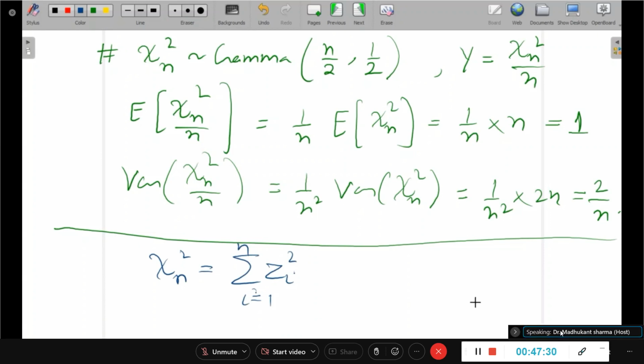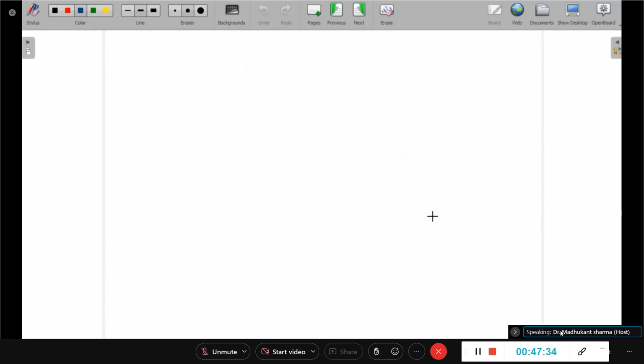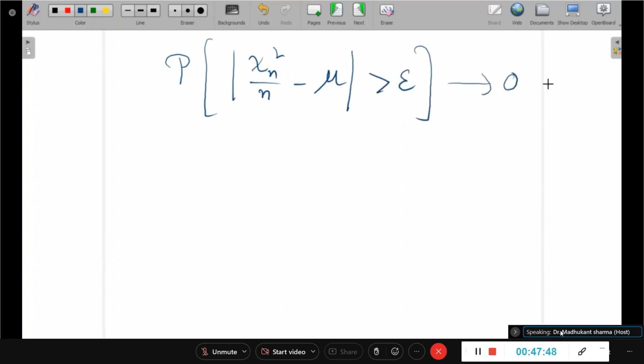Then the weak law of large numbers says that for every epsilon bigger than 0, the probability that mod of chi-n square by n minus mu is greater than epsilon tends to 0 as n tends to infinity.